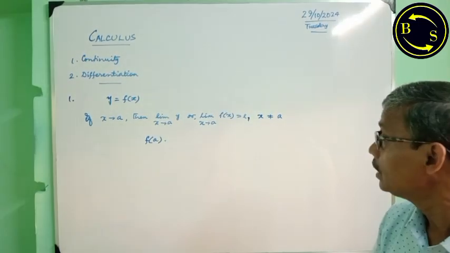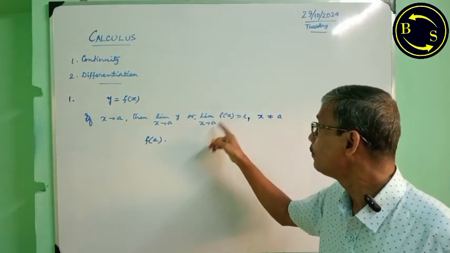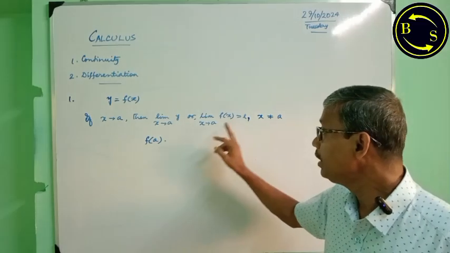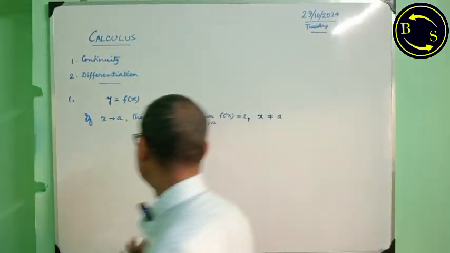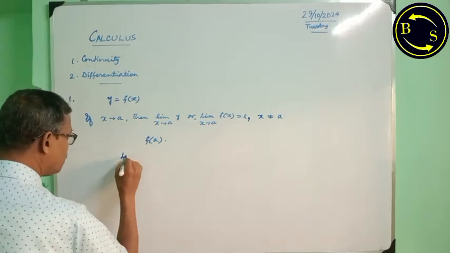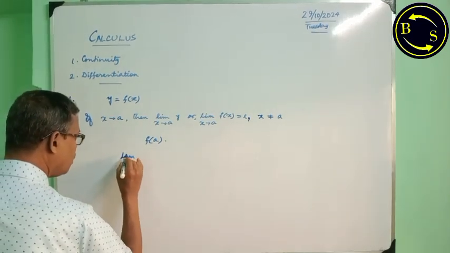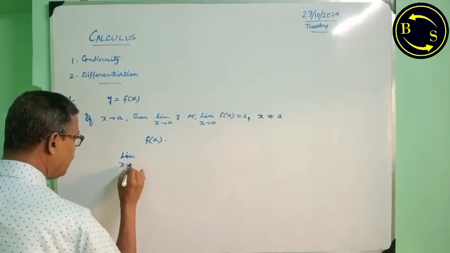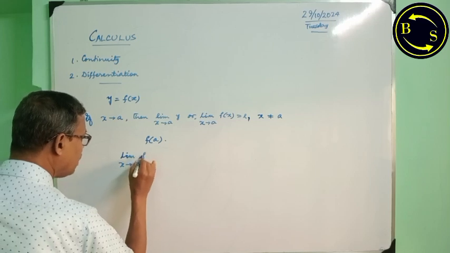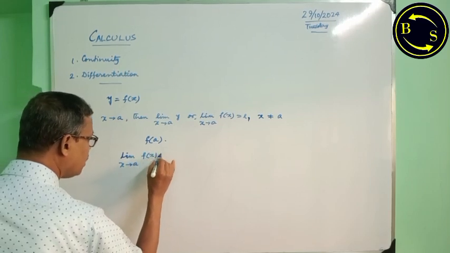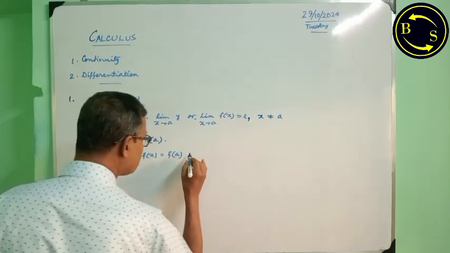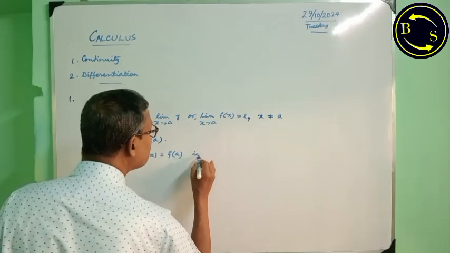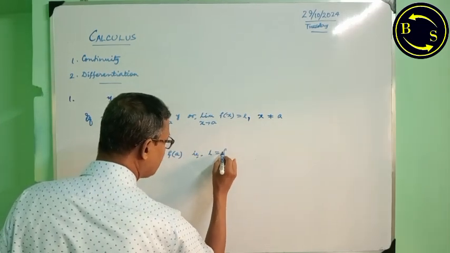Now sometimes the limiting value of f(x) may be equal to f(a), that means limit x tends to a of f(x) equals f(a), that is L equal to f(a).